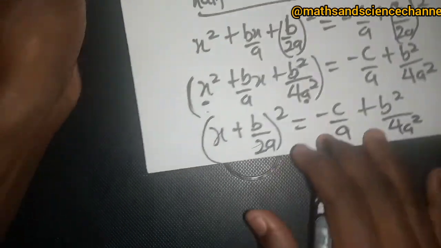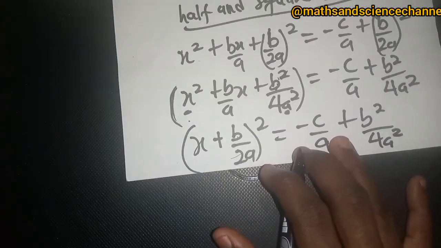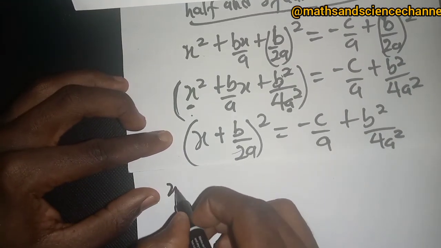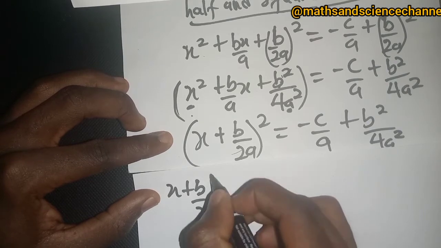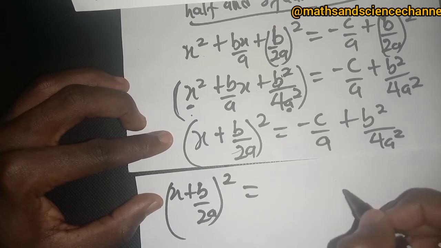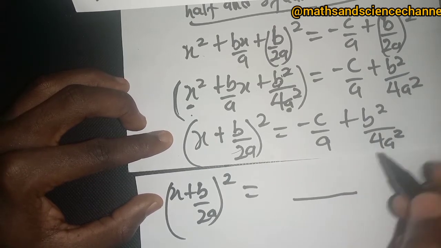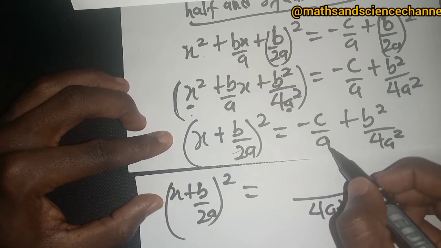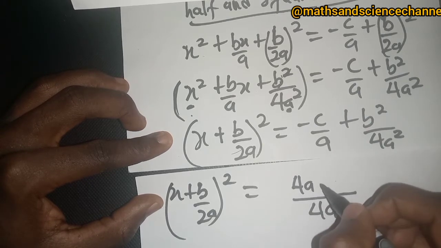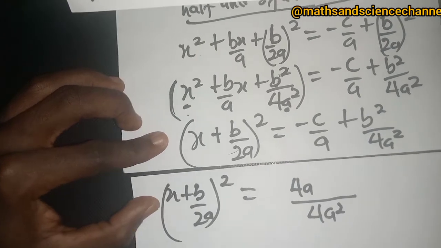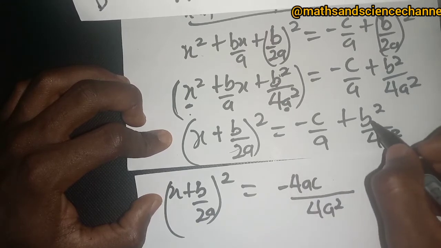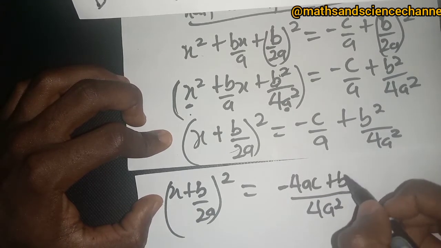So we are going to expand this. So we have x plus b over 2a all squared. Now over here we are going to solve it. So we have the LCM being 4a squared, then this goes into that, we have 4a, then multiplied by c, which is negative, then over here we have just plus b squared.